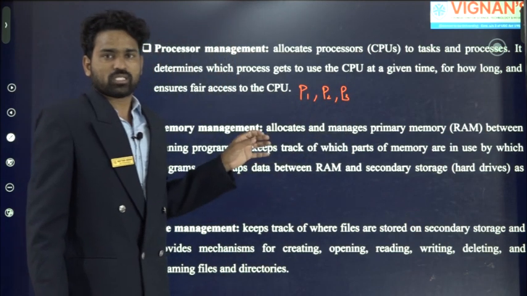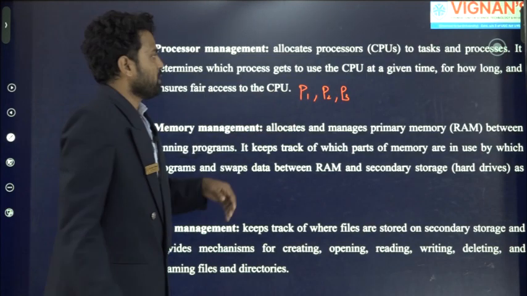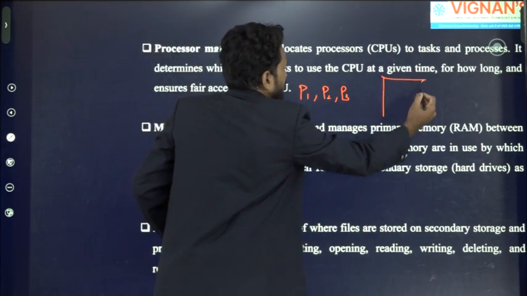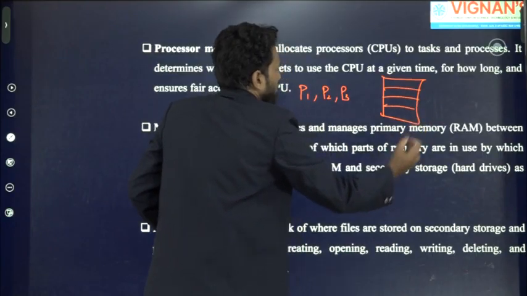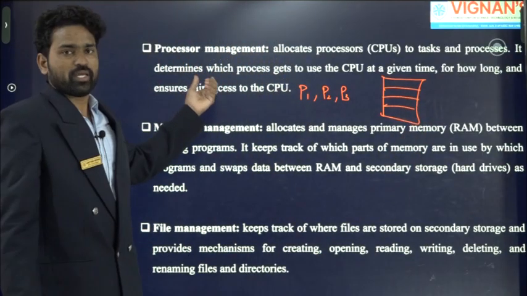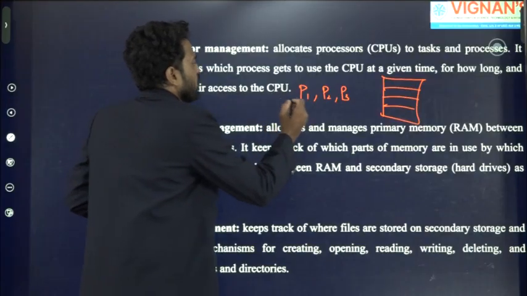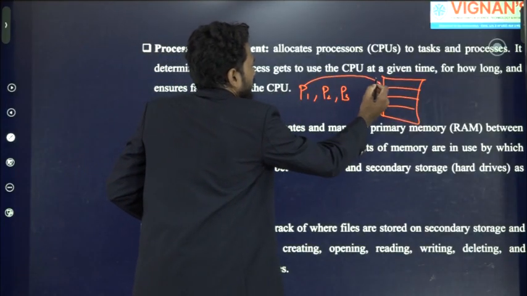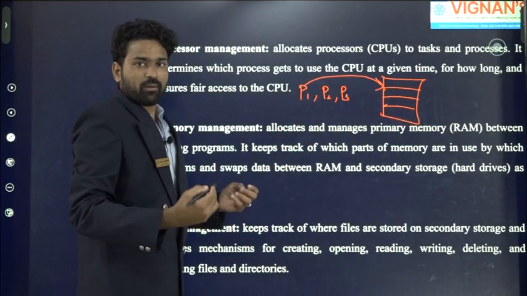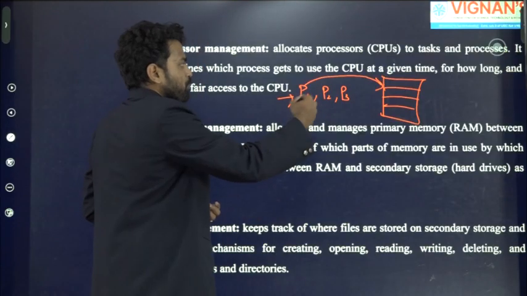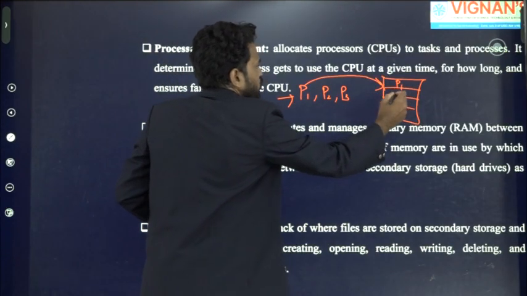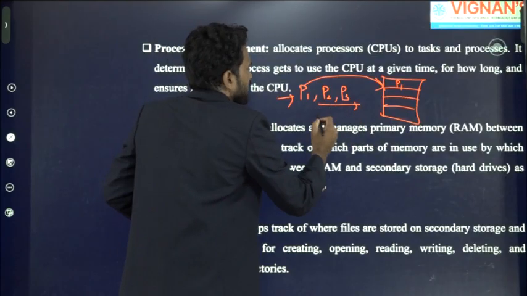We have three processes P1, P2, P3. This is my CPU, assume that. Process management is going to allocate first P1 into the CPU. While P1 is in the CPU, P2 and P3 are in the queue state.